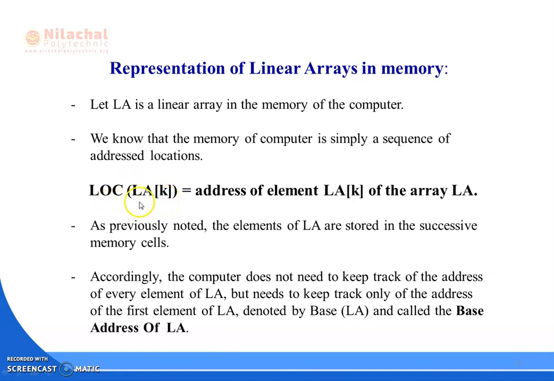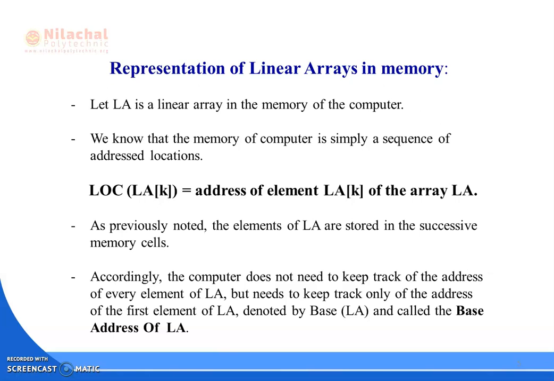LOC of LA of K means the address of element LA of K of the array LA. That is, LA is the name of the array, and LA of K is any particular position in the array. We have to find the address location of that particular element in the memory allocation.